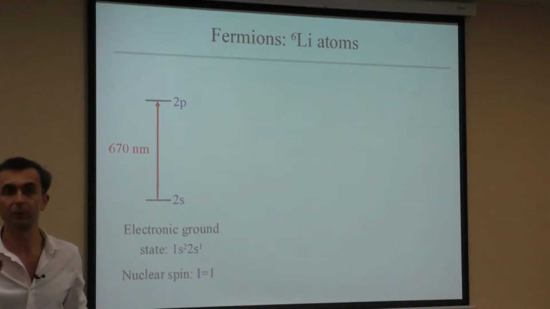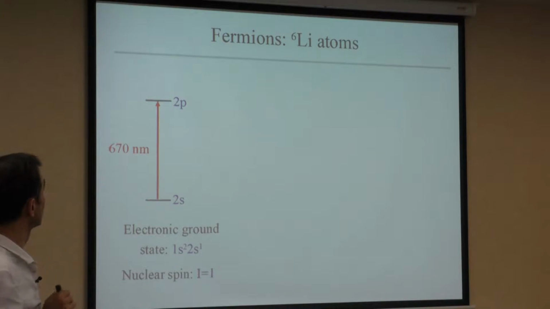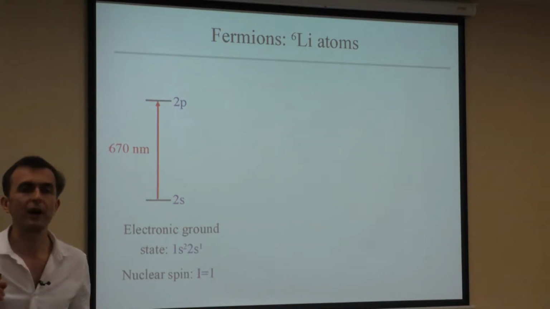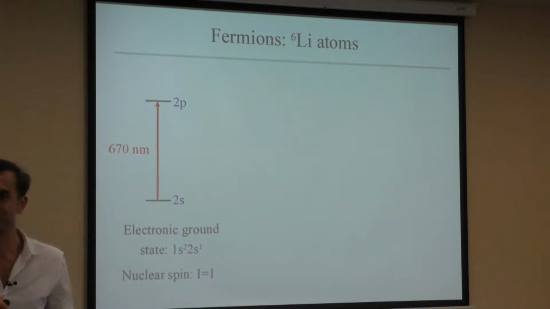Now, before explaining Fano-Feshbach resonance and scattering, I will go a little bit deeper into the internal structure of an atom. And I will use, as an example, the lithium-6 atom. Here I started specifying the isotope with 6 nucleons.